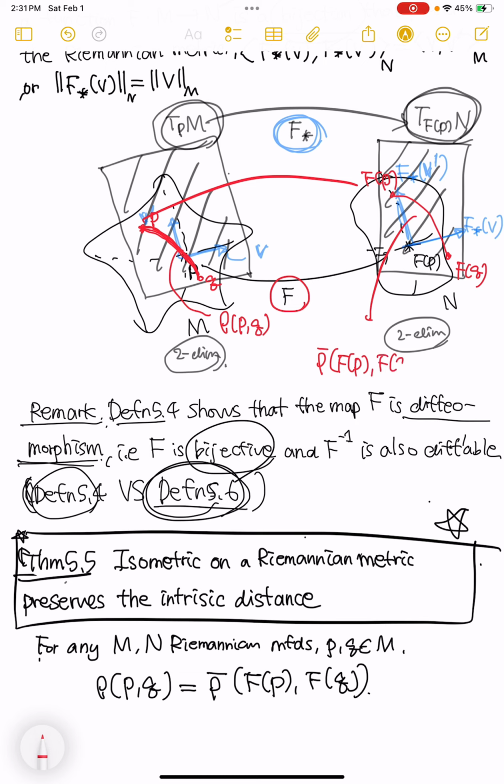We can think about the shortest path, the minimum path length between two points that is connected. Then the intrinsic geometry is preserved by the isometry.